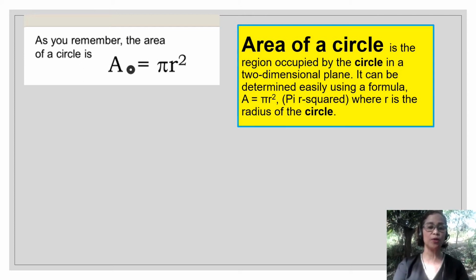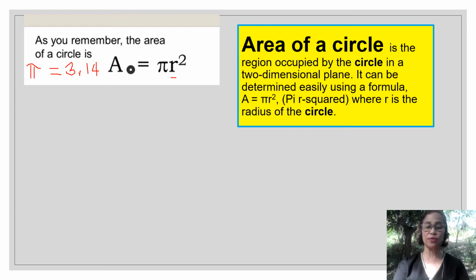The value that we use for pi is the constant 3.14. So let me write here pi is equal to 3.14. R here is actually the radius of the circle. So we only have a constant 3.14 and an unknown R, or the radius of the circle.